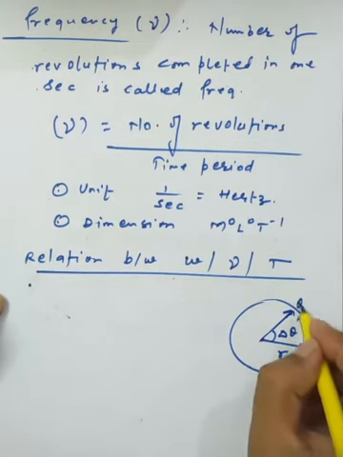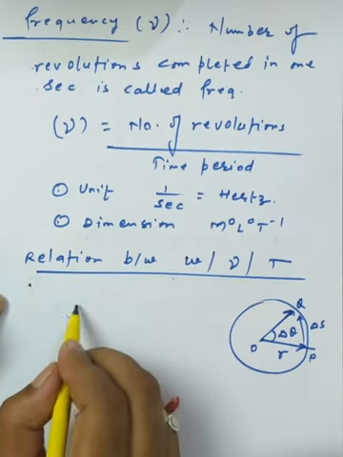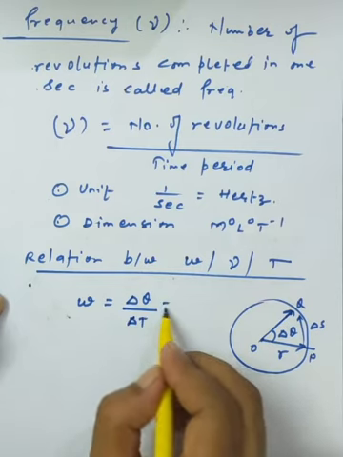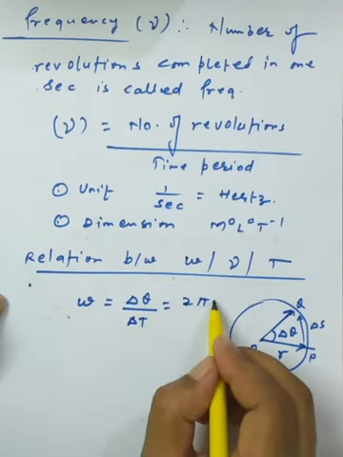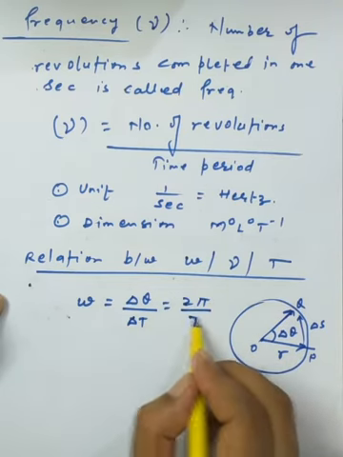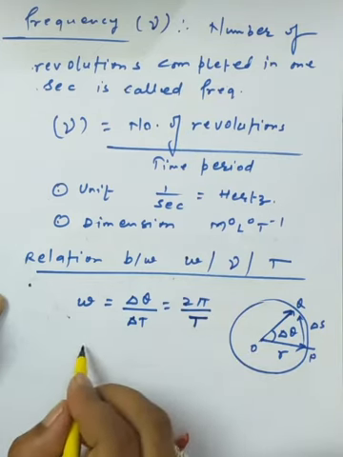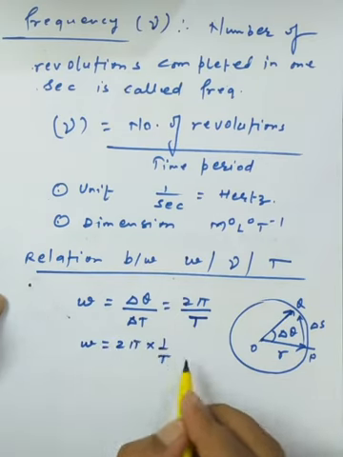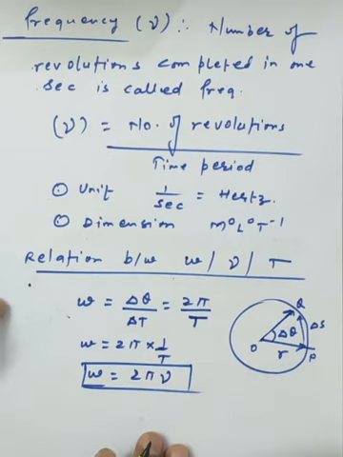This is P, this is Q, this is the center O. So angular velocity is delta theta upon delta t. Here we assume the standard notation that in one revolution the total angle made by the particle is 2 pi, and the time taken to complete one revolution is capital T. So omega can be stated as 2 pi into 1 upon T, and 1 upon T can be converted into frequency. So omega is equal to 2 pi nu, one of the basic relations we have.